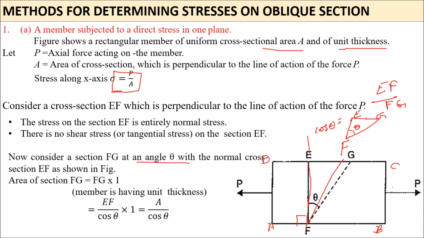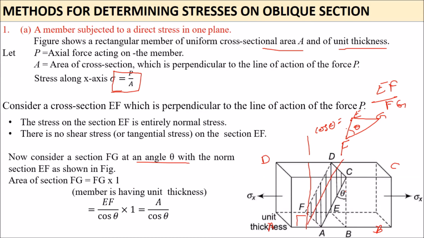So FG equals EF divided by cos theta. Then we get A divided by cos theta equals FG, that is the cross-section area of FG. If you cut a 3D image, it will look like this.